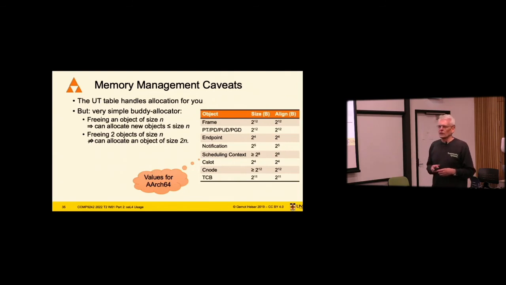And TCBs are 2K, which is a bit annoyingly big, but these days memory is not so much an issue anymore. So just be aware that you generally don't allocate individual kernel objects. You allocate a page full of these objects, which is what's actually been shown in the example I went through about how untyped retyping works.